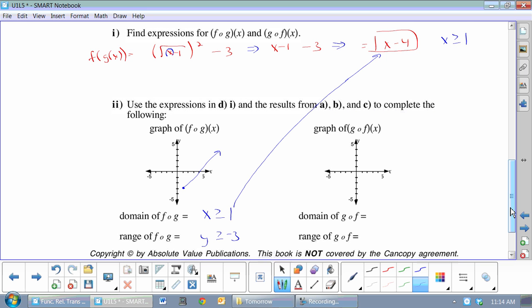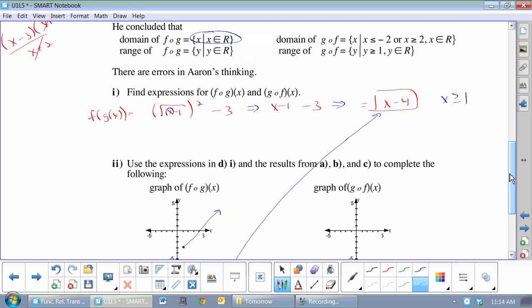Okay. Now let's do g of f of x. For that one, I'm putting f of x inside of g of x. So that is going to be the square root of x squared minus 3 minus 1. So I put f of x inside of g of x.